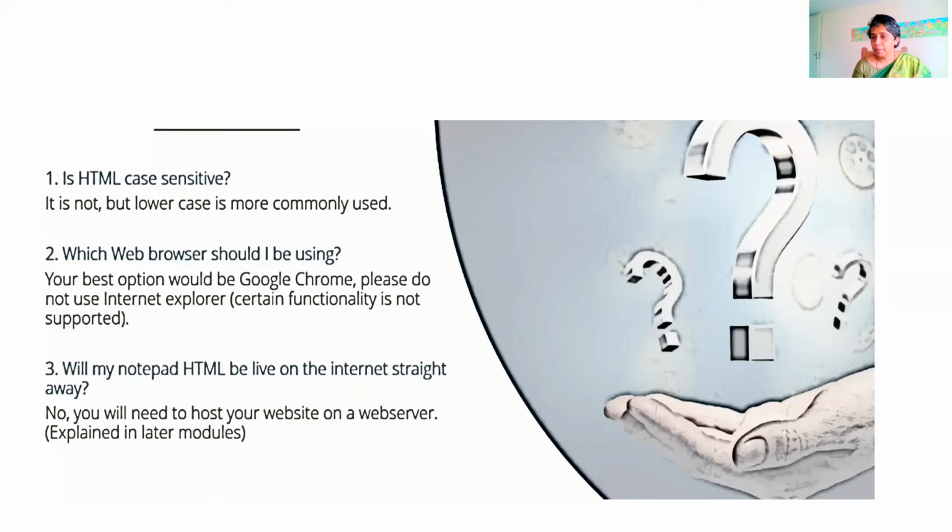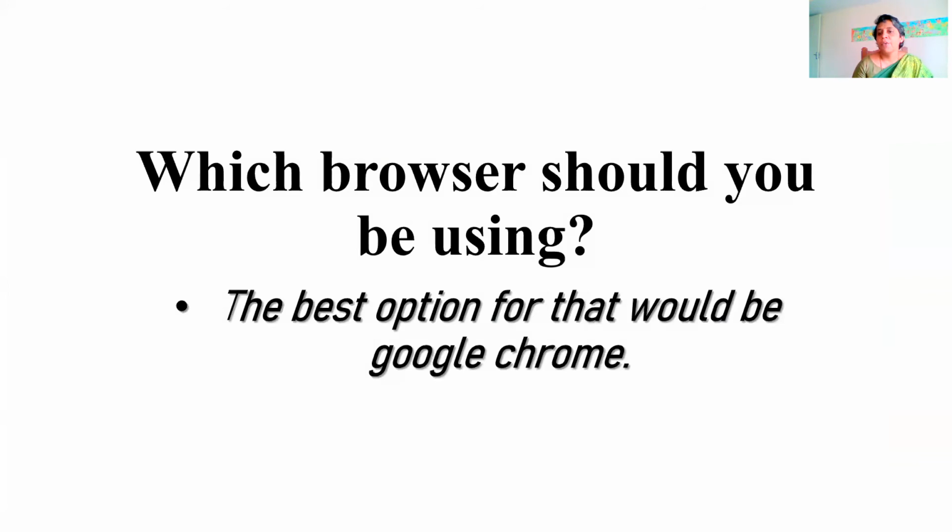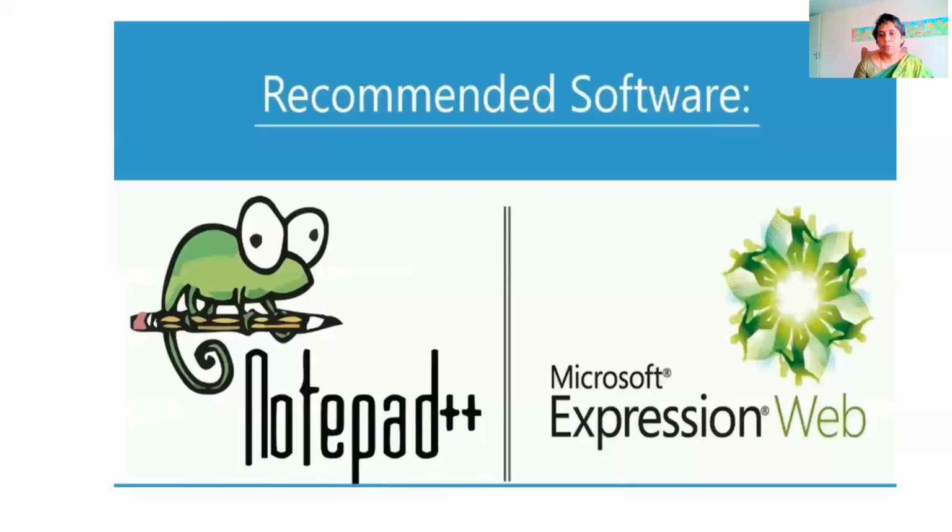No. Whatever we type in Notepad, the editor which we use to type the content, by using the different tags, later we are going to view the same content in a browsing software. This is how it actually looks: one side will have a browsing software, another side a text editor. Any text editor we can use. Which browser should you be using? As I already answered, Google Chrome can be the best one to work with.